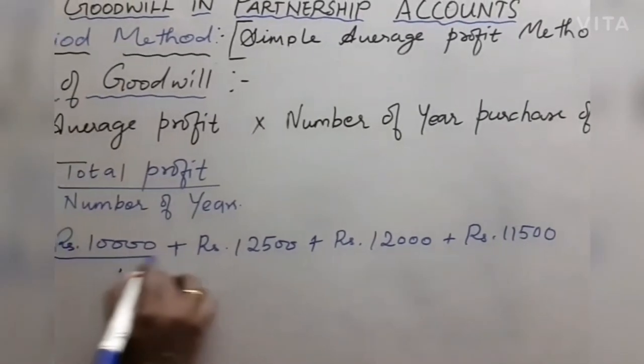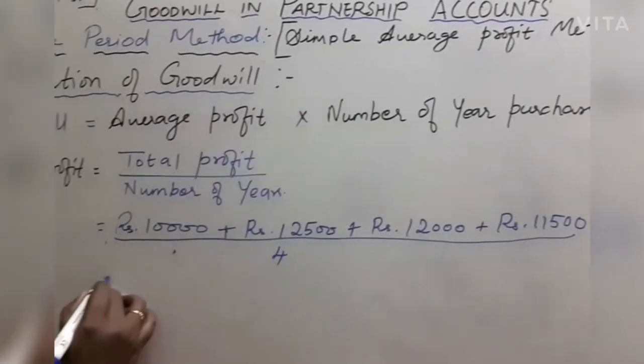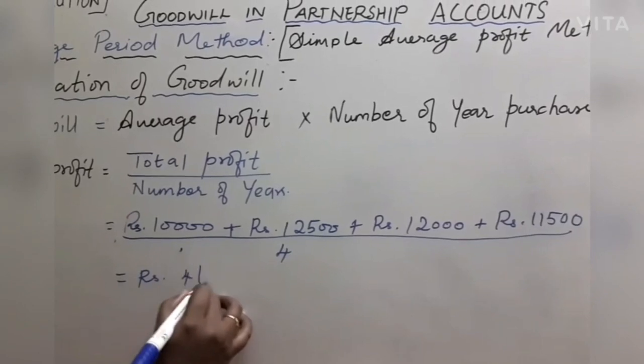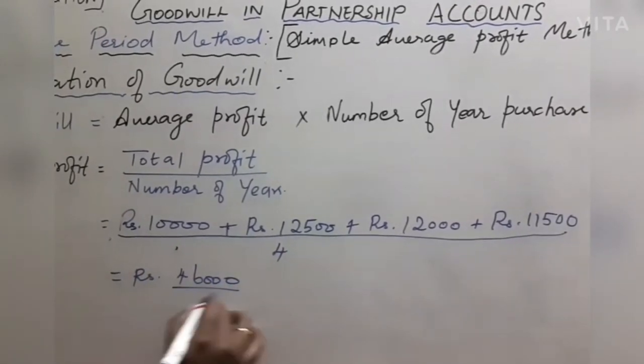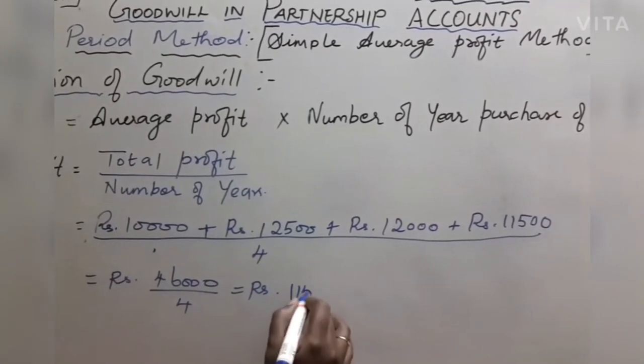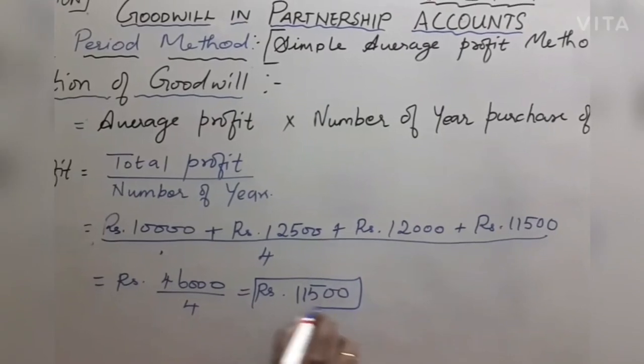Okay, so this divided by number of years is 4. So how much you are getting? That is equal to rupees 46,000 divided by 4. That is equal to rupees 11,500. So this is your average profit.